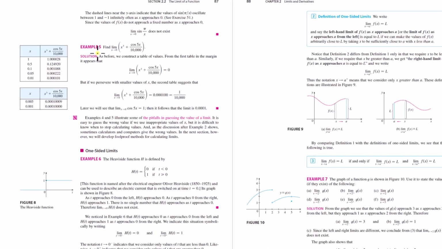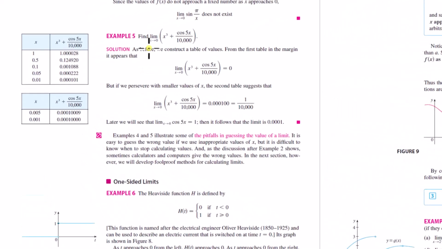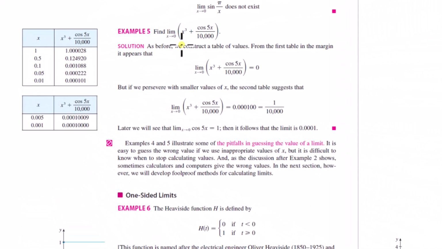Okay, so now this example 5 says, find the limit as x approaches 0 of x cubed plus cosine of 5x over 10,000. As before, we construct a table of values. According to the calculator, as x is getting closer and closer to 0, it looks like we're just getting closer and closer to 0, right?